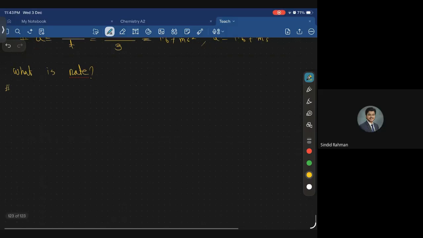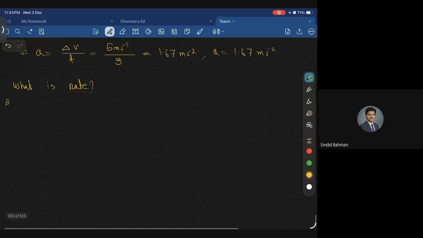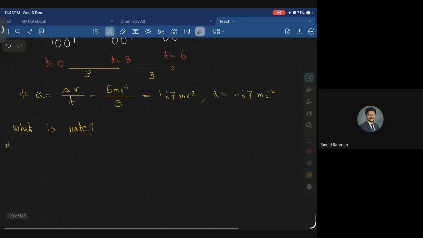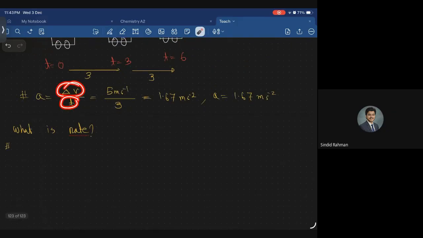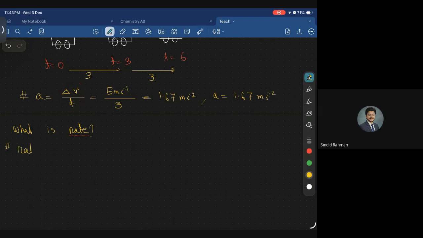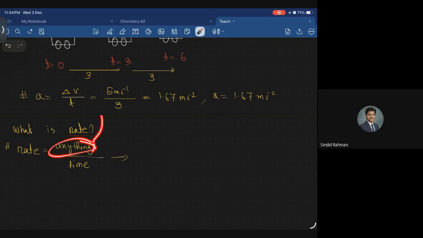So we can say that this change in velocity is divided by time. Anything divided by time is rate, right? And here the anything is the change in velocity.